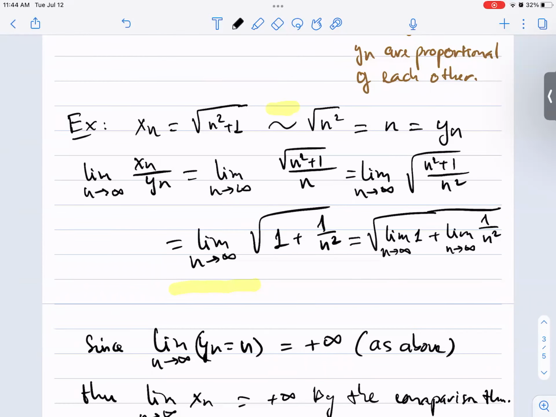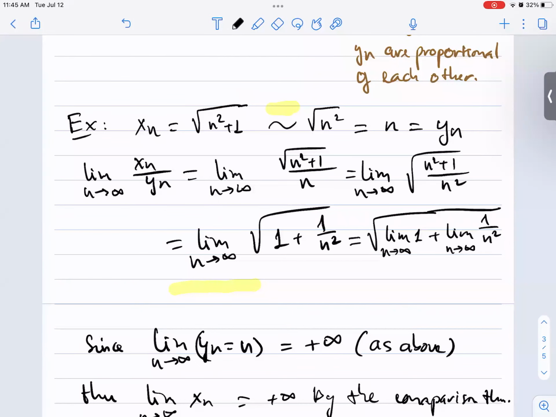Now, in order to understand this sequence, imagine n to be a very, very big number. Then n squared is going to be a very, very big number. That's why n squared plus 1 will be very, very close to n squared. In other words, n squared is the dominating term in comparison with 1.